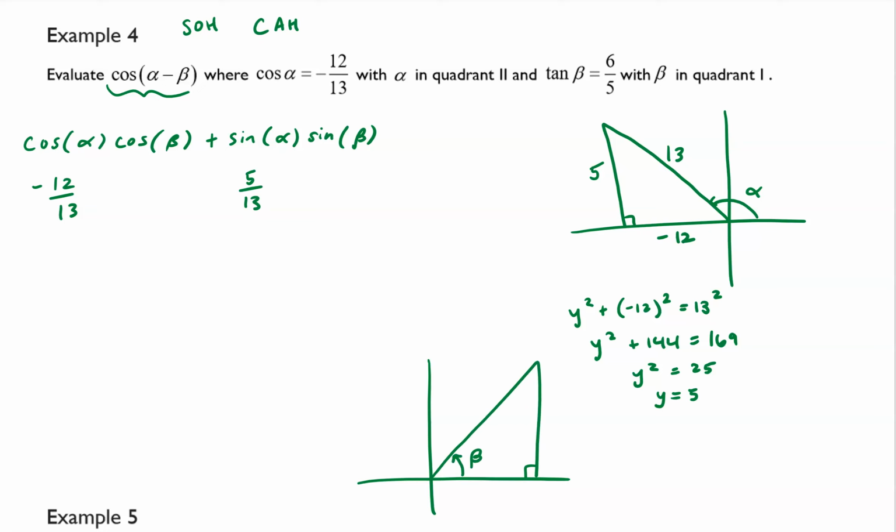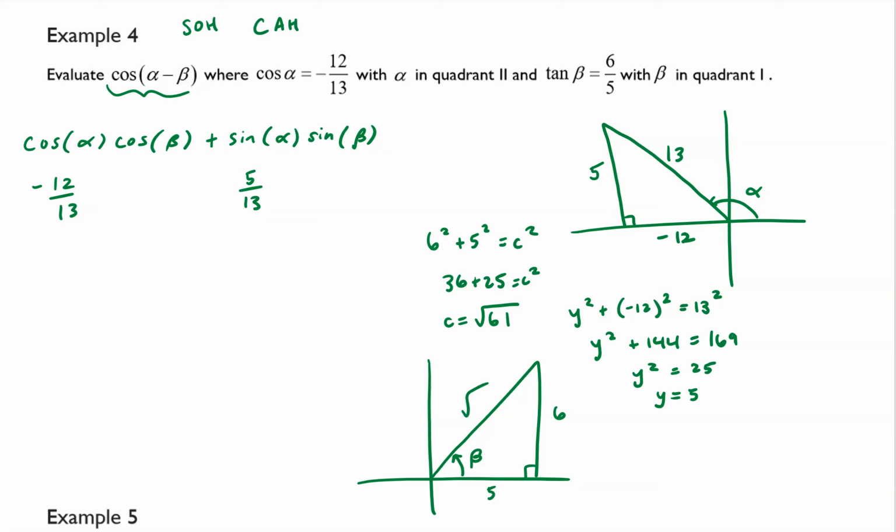So there's my angle beta, and we know tangent is opposite over adjacent, so this is going to be 6, this will be 5, and I'm going to label the hypotenuse C, and we want to figure out 6 squared plus 5 squared is equal to C squared, and we get 36 plus 25 is equal to C squared, and so we get C is equal to the square root of 61.